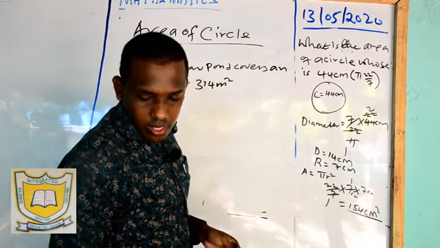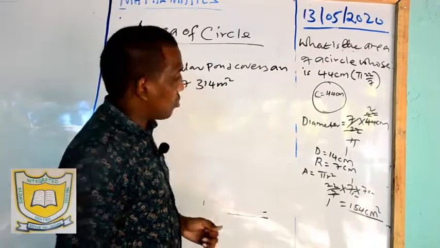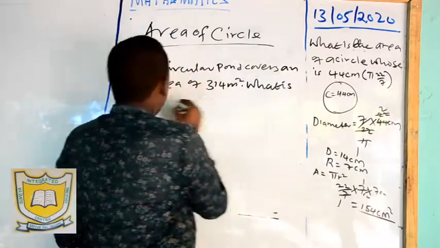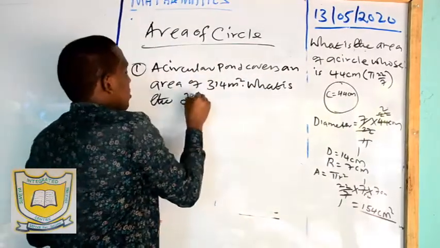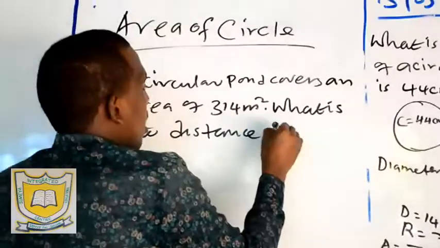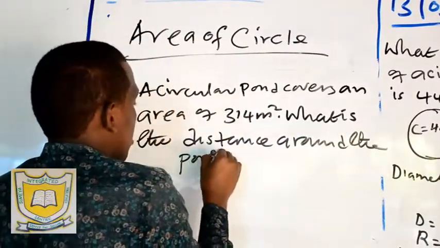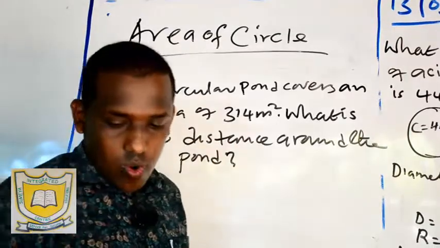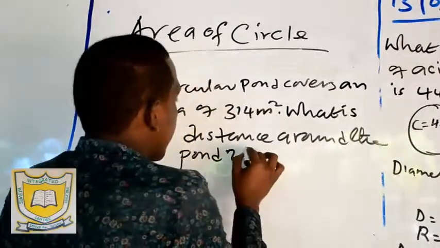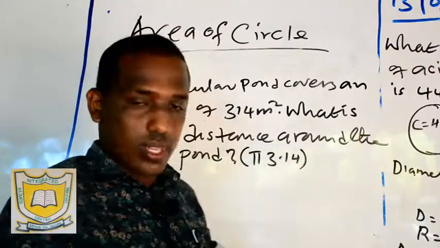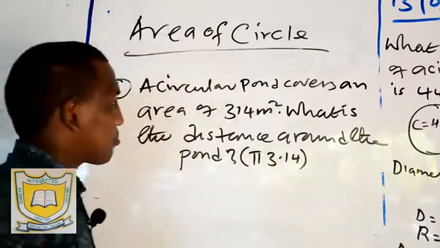What is the distance around the pond? Take pi as 3.14. You are told to take pi as 3.14.